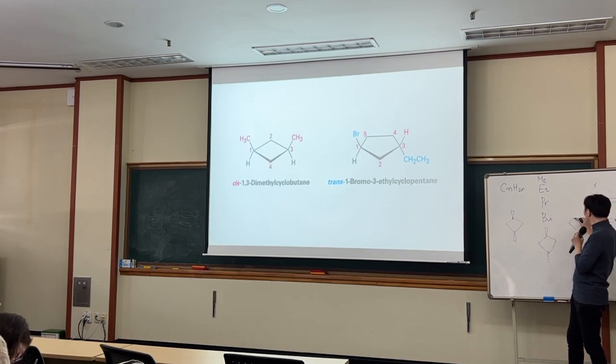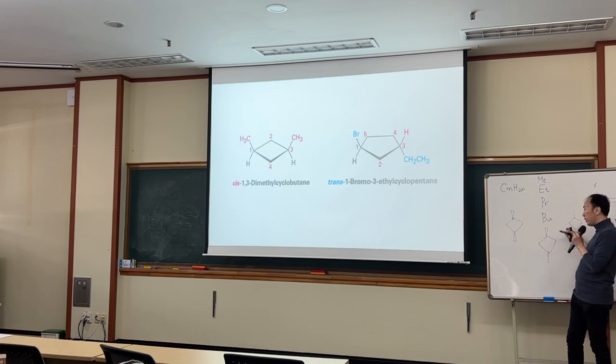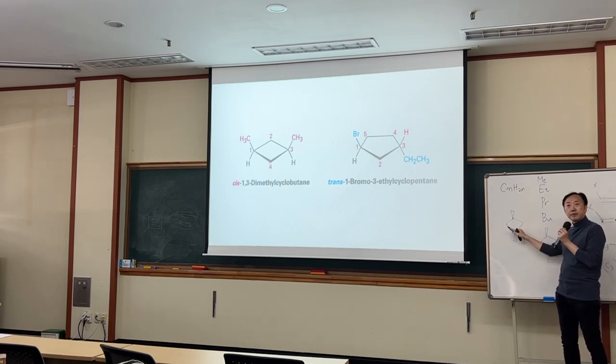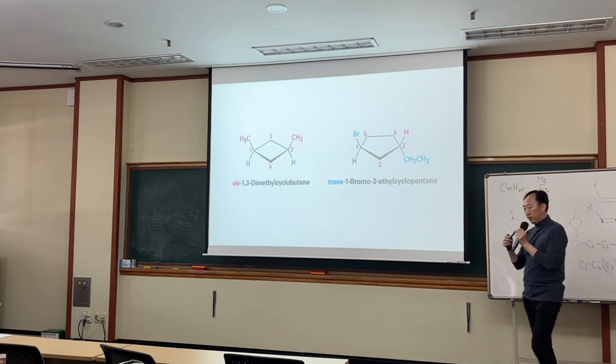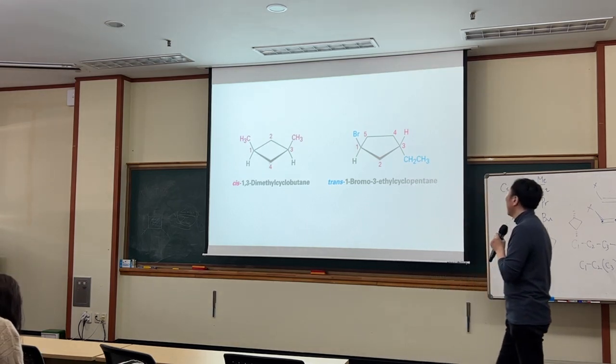If I draw the other one, okay, this is a cis, right? How about this? Trans, how about this? This is also cis. If you turn this one over, this one and this one are equivalent. Right? Okay.